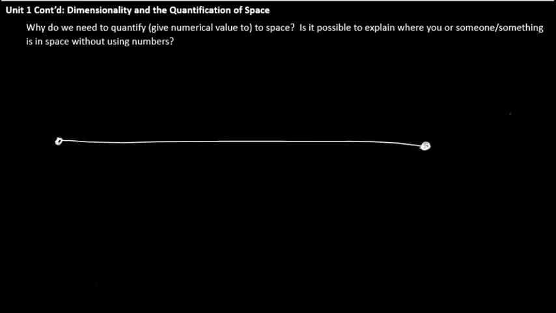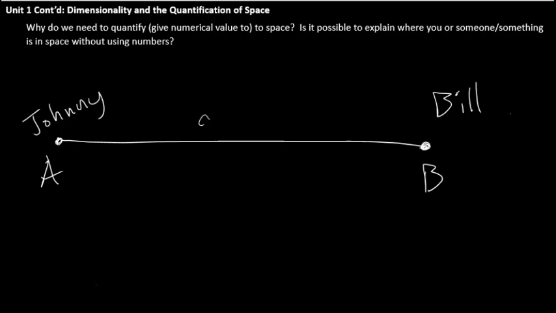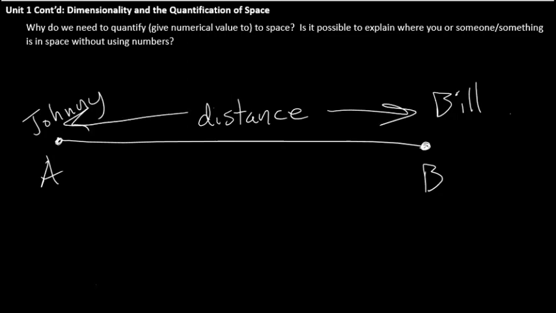So here is little Johnny at point A, and here is Bill over here at point B, right? Johnny and Bill obviously do not exist in the same point in space. And what our little human brains like to do is determine things like how far apart we are, right? How long will it take to get from point A to point B? Well, that depends. How far is Johnny away from Bill? So something like distance really comes in handy here.